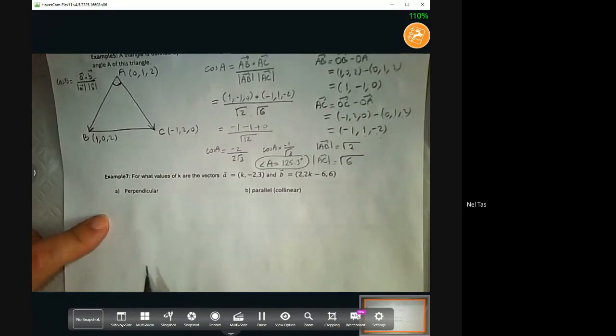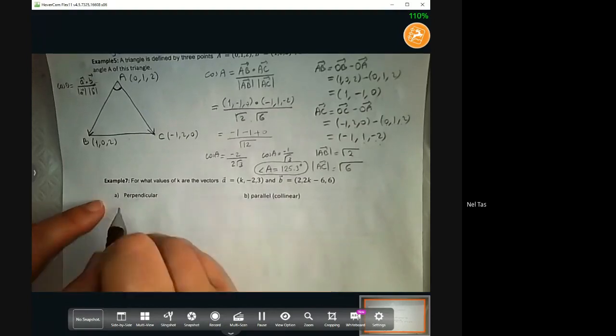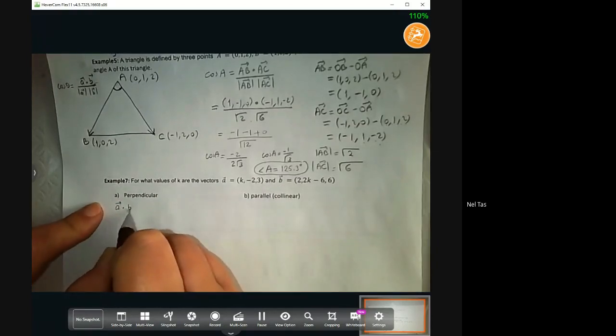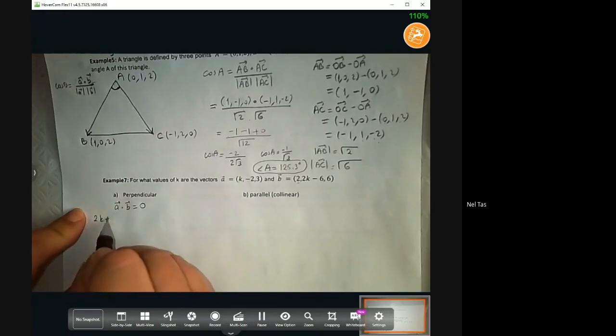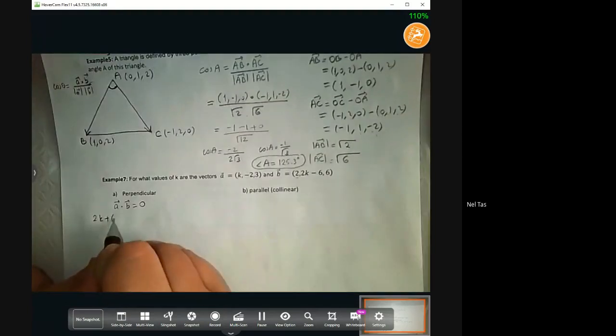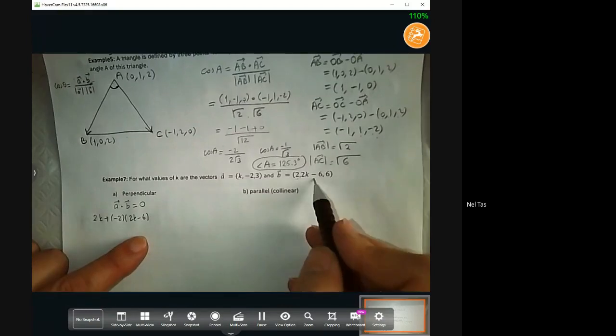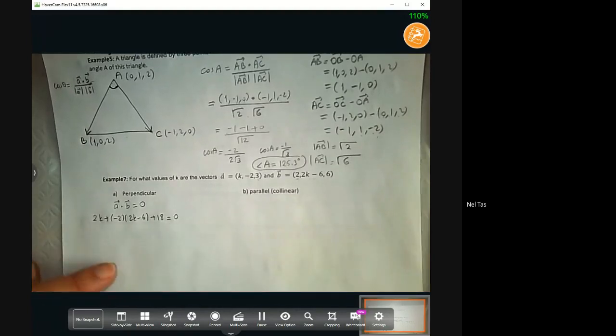If a and b are perpendicular, we know that their dot product is going to be 0. Let's do the dot product: k times 2, 2k, plus negative 2 times 2k minus 6, plus 3 times 6, 18. That's going to be equal to 0.